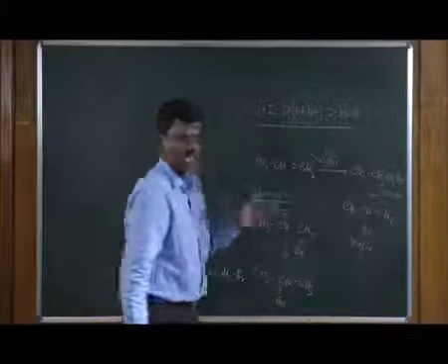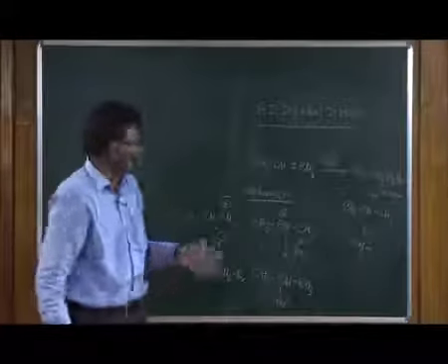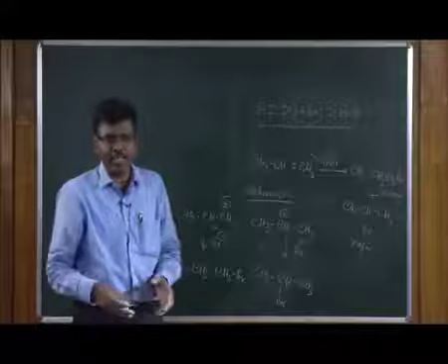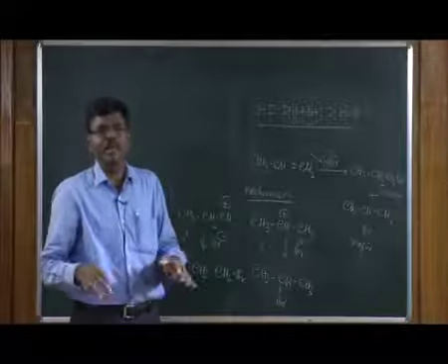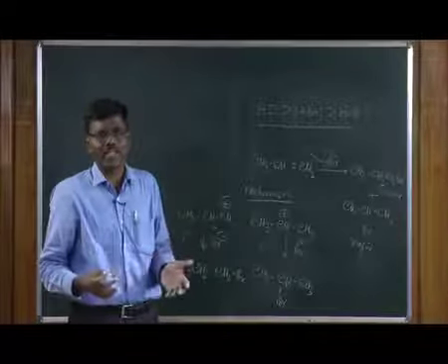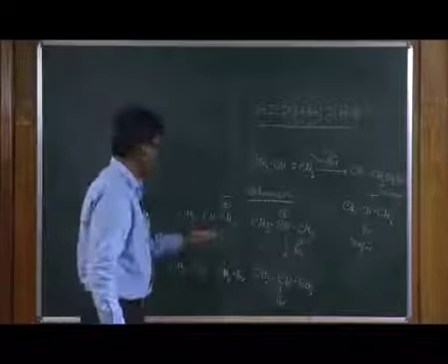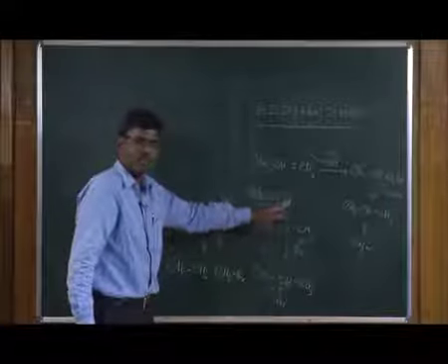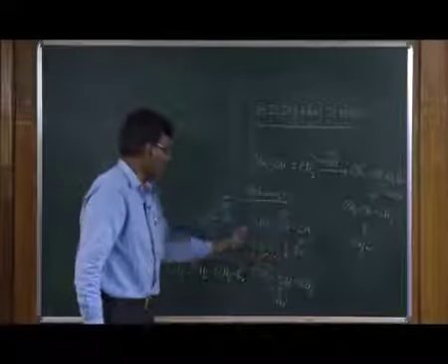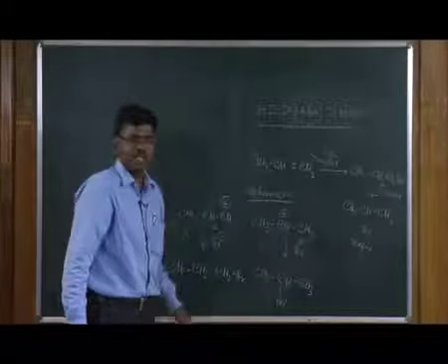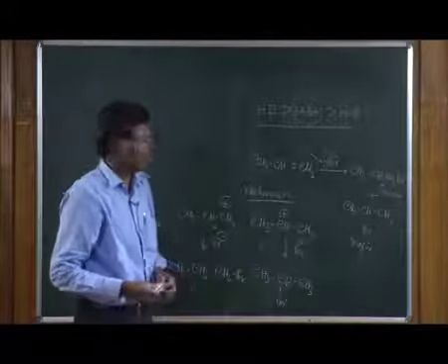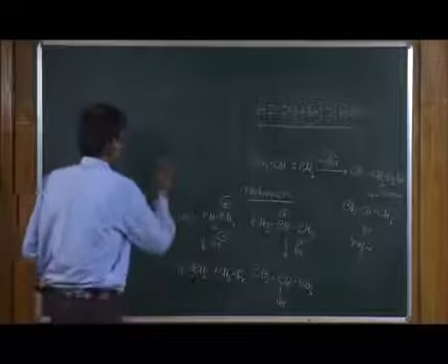We will study in a higher class that the more substituted carbocation, for example tertiary or secondary carbocation, is more stabilized by hyperconjugation as well as inductive effect. Therefore, the concentration of this carbocation is higher than that, and we get this as the major compound.